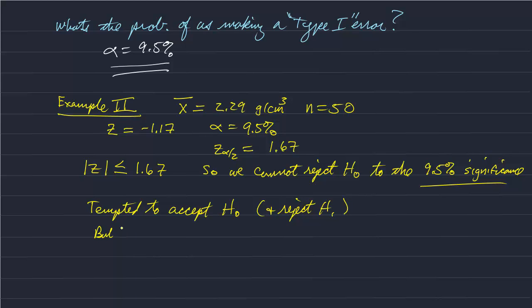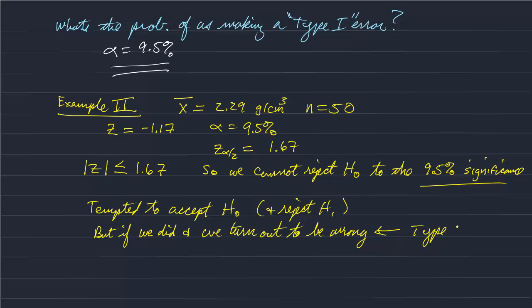But if we did, and we turn out to be wrong, we would have made a type 2 error. Okay, so if we were to accept H0, what is the probability of making a type 2 error?